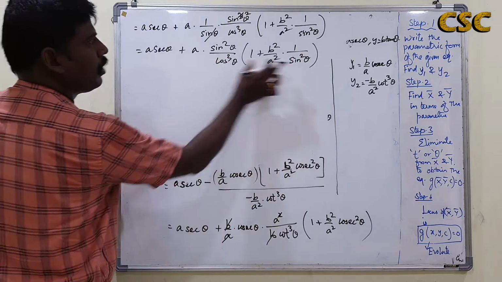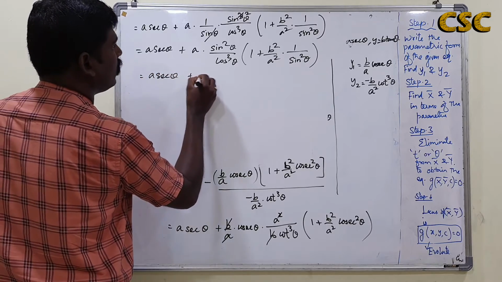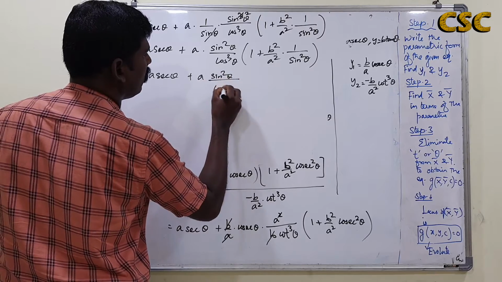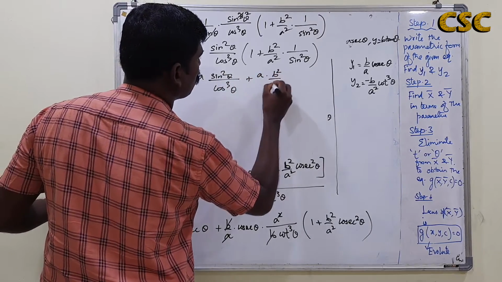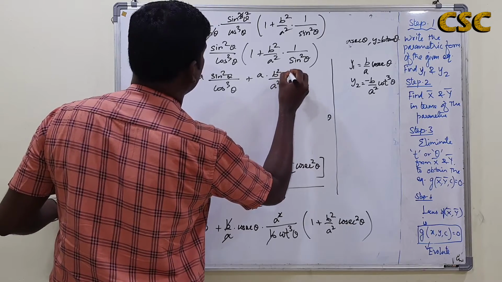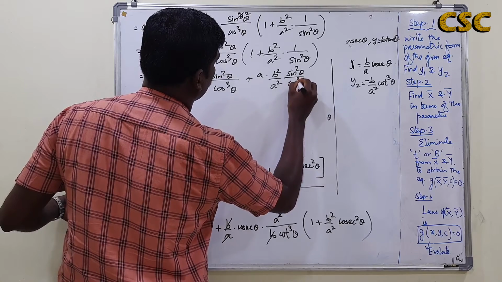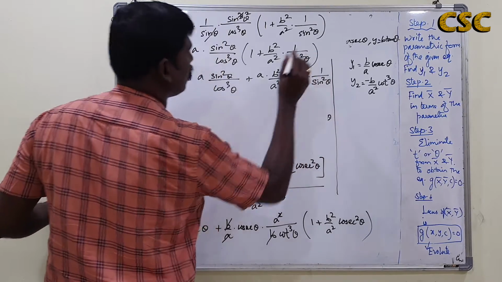So now I am going to multiply this inside the bracket. So a secant theta plus a into sin square theta by cos cube theta plus a into b square by a square into sin square theta by cos cube theta into 1 by sin square theta, isn't it?